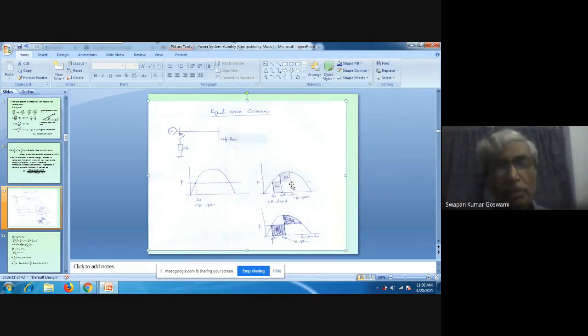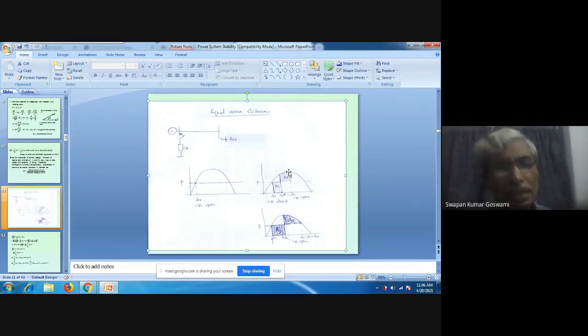Gradually it has been reduced, and here the speed became equal to synchronous speed, which means the stored kinetic energy became equal to the rated kinetic energy of the machine. But a moment after that, the speed decreased again, so more and more kinetic energy was being extracted from the machine.